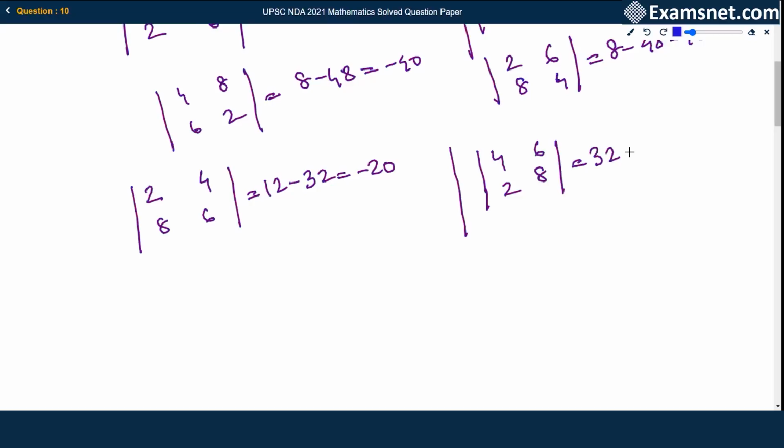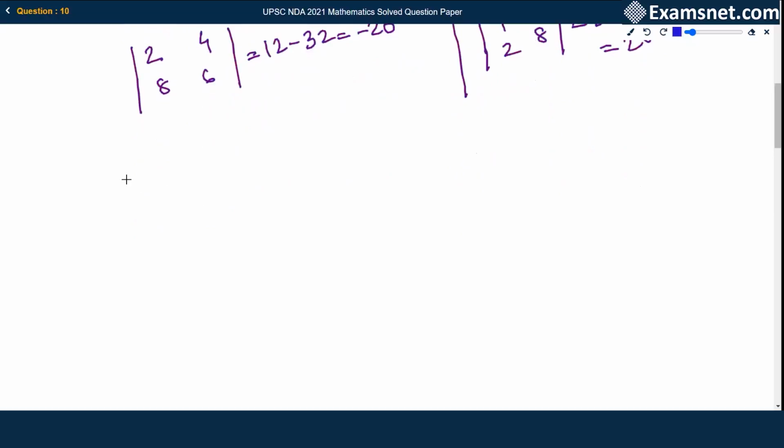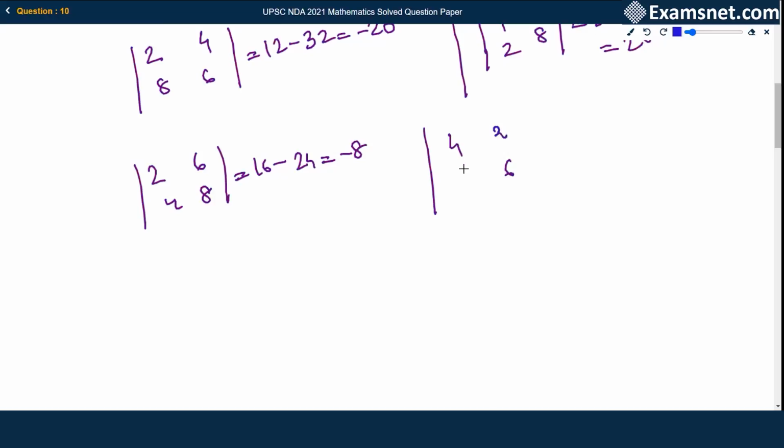So 32 minus 12, now I get plus 20. Then 2, 8 and 6, 4. So 16 minus 24, which is minus 8. Also 4, 6 and 2, 8. That means 24 minus 16, which is plus 8.